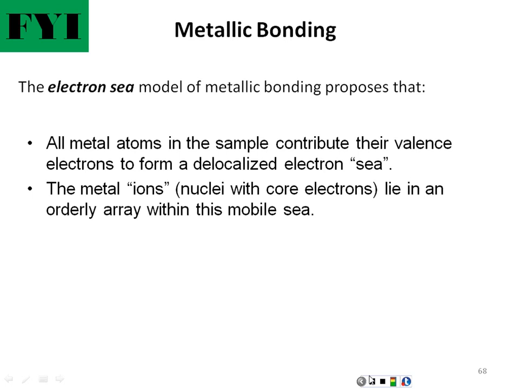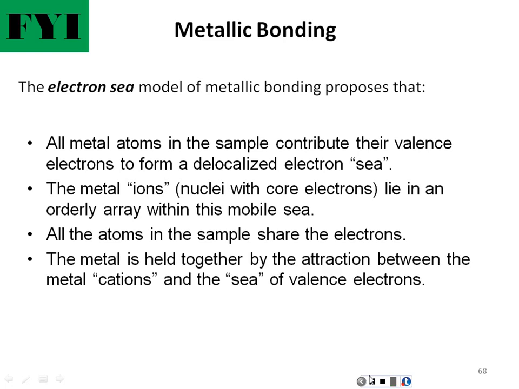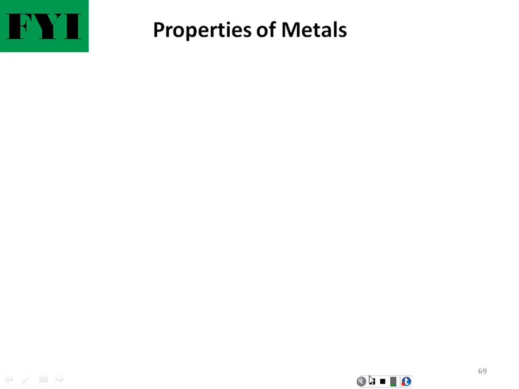And these metal ions, the nuclei with the core electrons, lie in an orderly pattern within this mobile electron sea. All the atoms in the sample share electrons. And the metal is held together by the attraction between the metal cations and the sea of negative valence electrons.